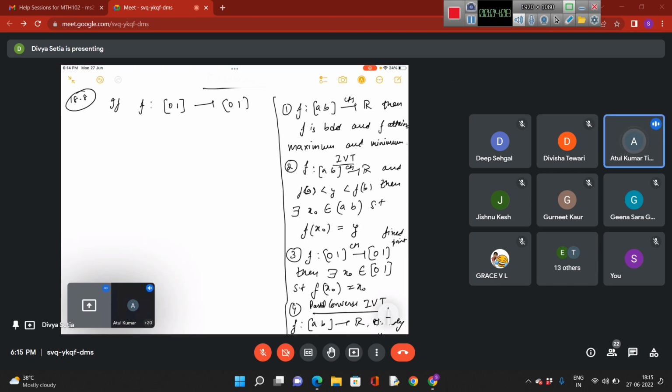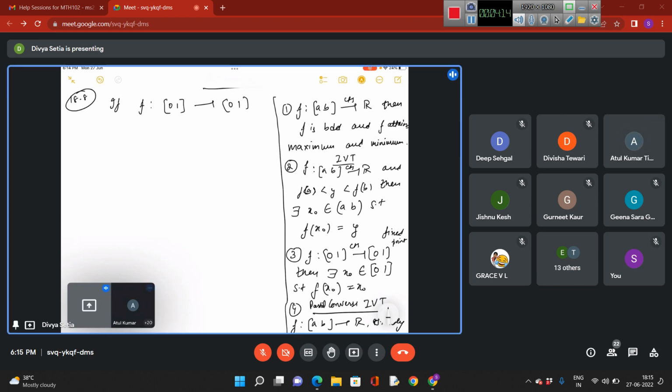So why can't it be any other interval for fixed point theorem? Because the proof requires it. If you have any other interval AB to AB, the proof that we did for this fixed point is we define a new function which is f of x minus x, right?